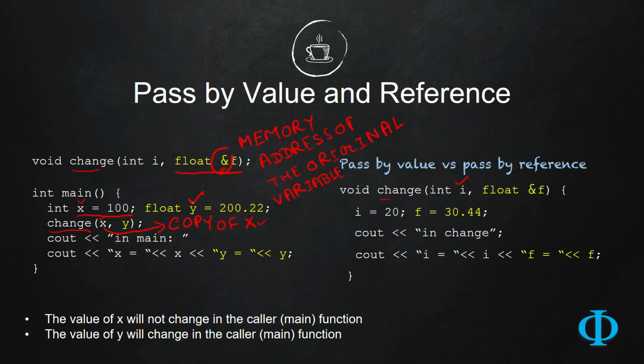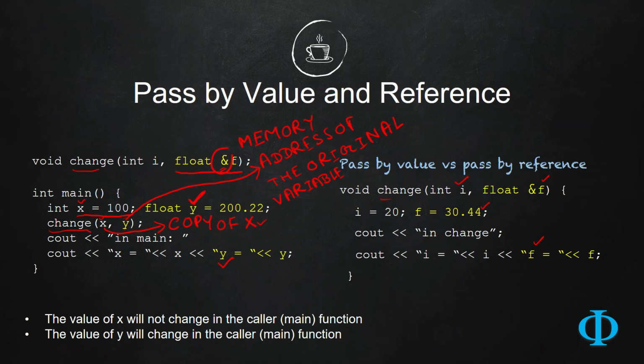When you are calling the function, passing y in the function call, instead of sending a copy of y, it is actually passing the memory address of y. As a result, whatever change this function makes in this second parameter will be reflected in the original y variable also, because it is the original memory location.